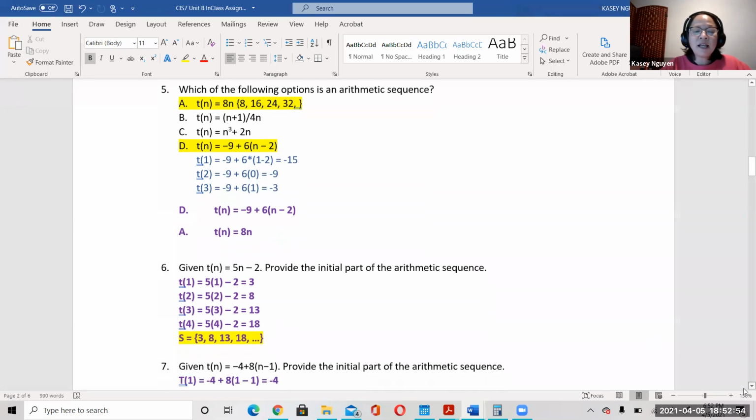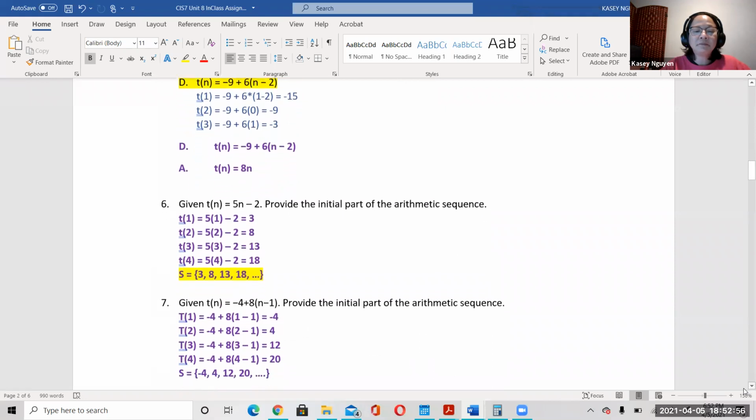Similarly, you're going to see that for number 7. We're given T of n is equal to -4 plus 8 times n minus 1, and this is pretty close to what we've seen in the equation earlier.